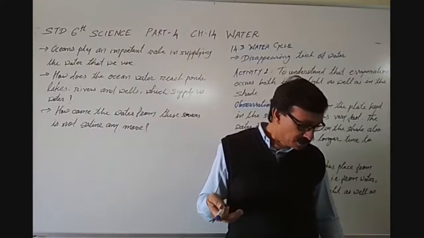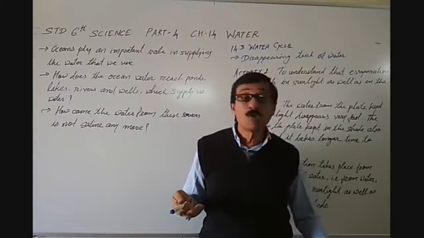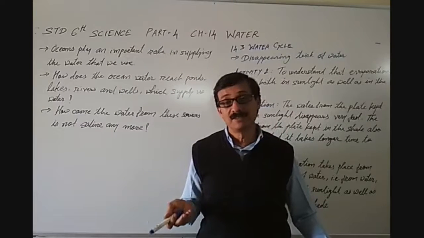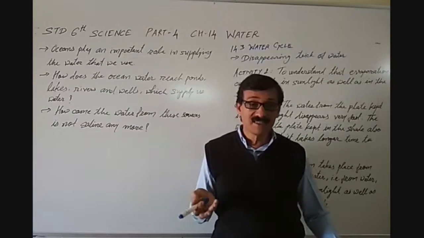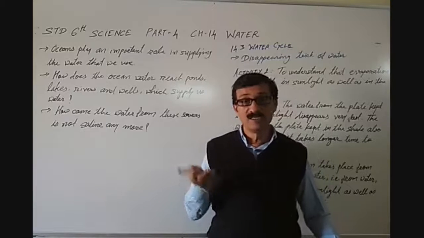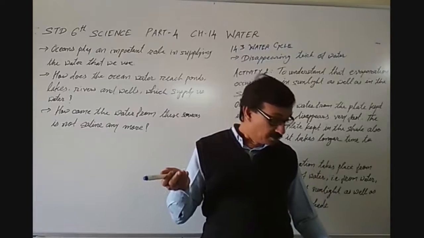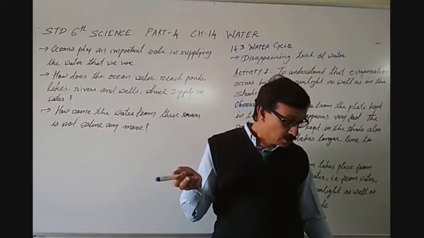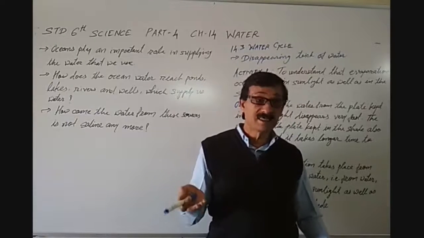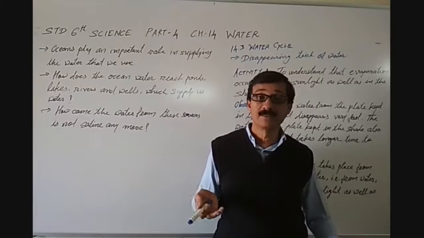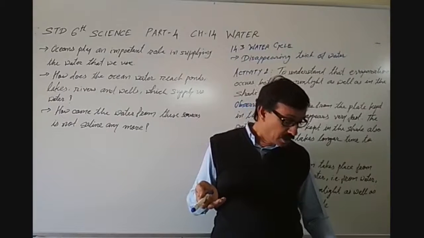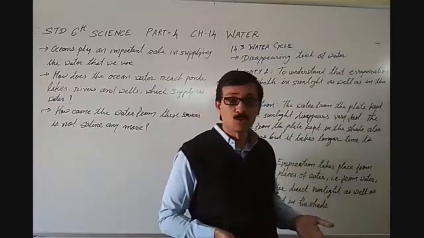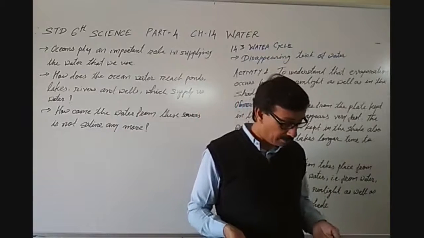How does the ocean water reach ponds, lakes, rivers and wells? Then the question is how does the ocean water reach the ponds, lakes and rivers and wells, which supply us water?